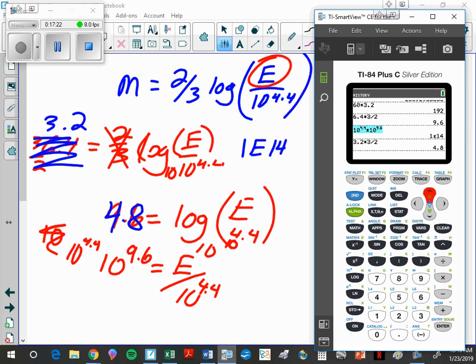So I go up here, I'm going to duplicate that, and I will say 4.8. And I get that number. Now, how do I figure out how much bigger the first one is from the second one? Divide them. So 1e to the 14th divided by the answer, and it is 63,000 times bigger.